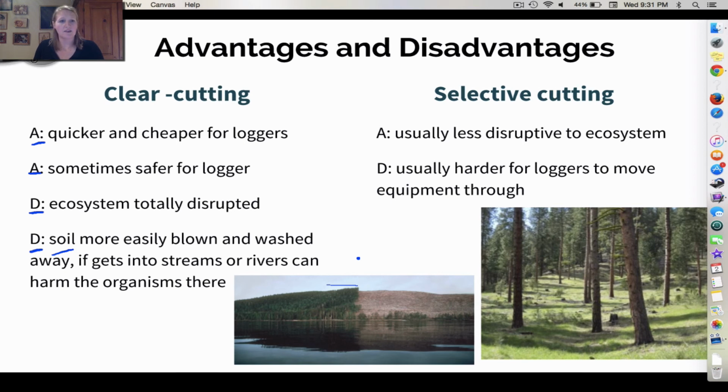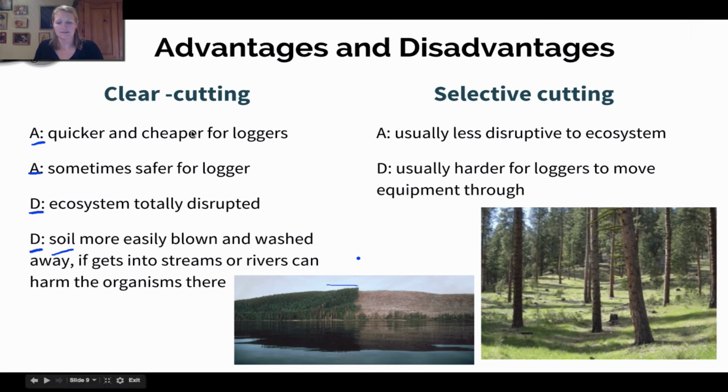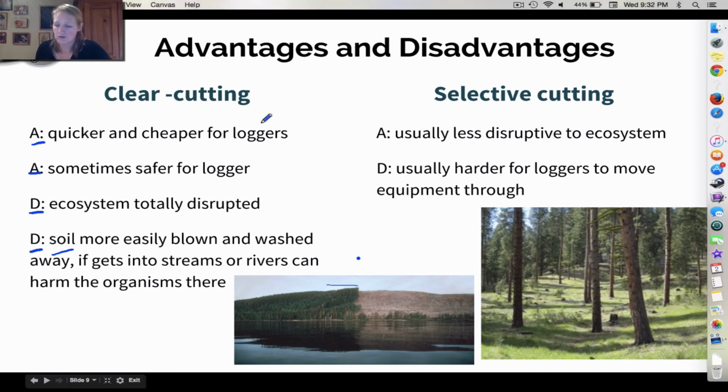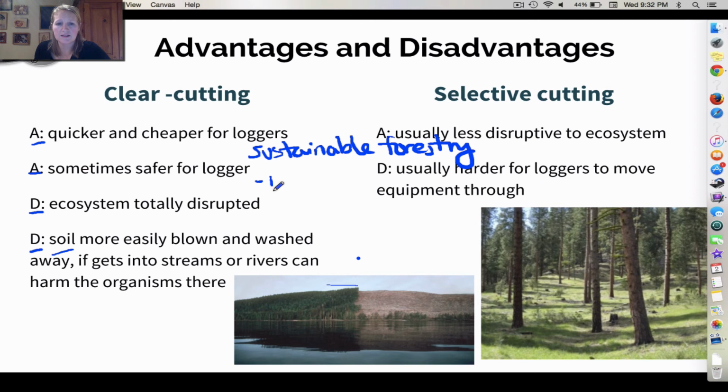And then I think the only other thing is sustainable forestry. So I don't know where I can write this, but somebody that is practicing sustainable forestry plants a tree for every one they cut down.